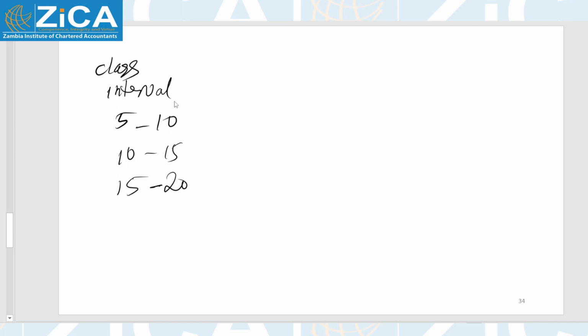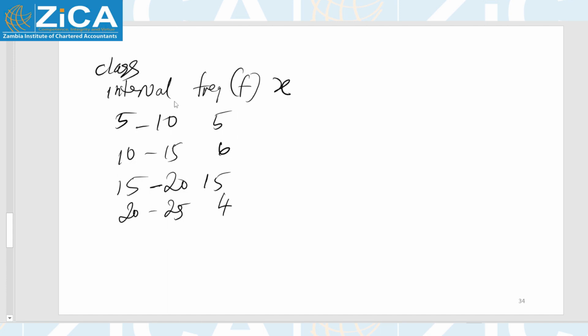You are given this table. Class interval 5 to 10, 10 to 15, 15 to 20, and then 20 to 25. We have the frequency here, short form is just F. We have got 5 here, 6 here, 15 here, and 4.